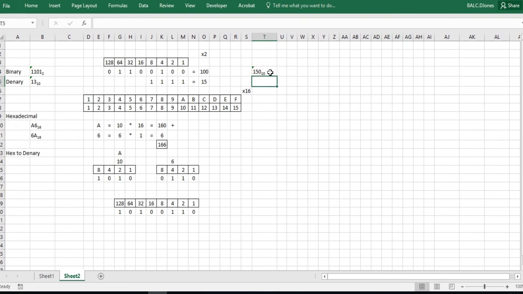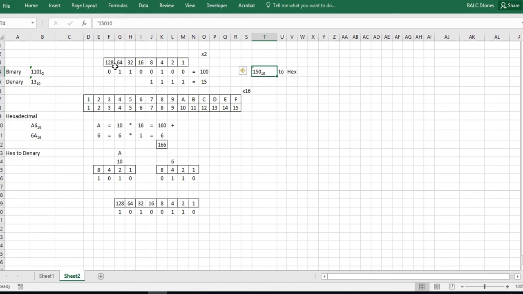Okay, so if I'm going to work with the Denary number 150, and I want to convert that to hexadecimal, how am I going to do that? Well, there's a few ways I could mess about with my 16s and get a bit confused, possibly, but the easy way to do this is to say, okay, then 150.